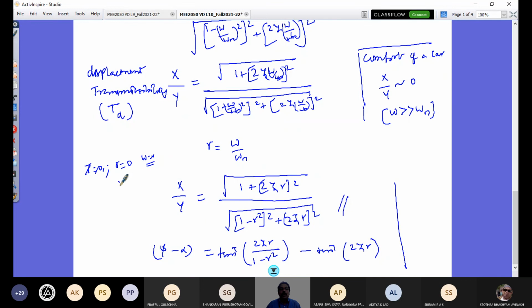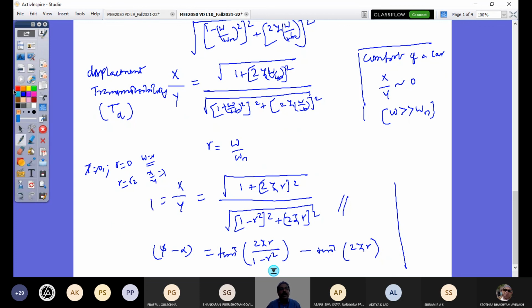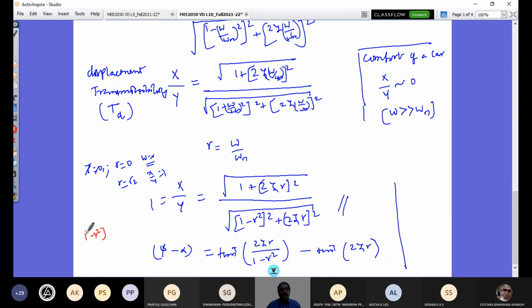When r is equal to root 2, you also have x by y equals 1. How? You can just take this value equal to 1 and work it out. Cross multiplying, it's going to be 1 minus r squared whole square plus 2 zeta r whole square on that side, and on this side 1 plus 2 zeta r whole square.